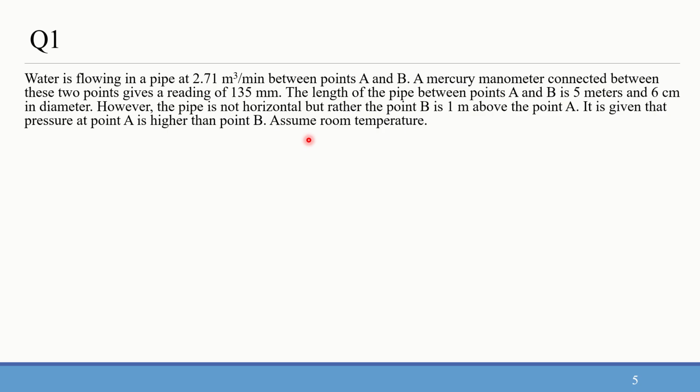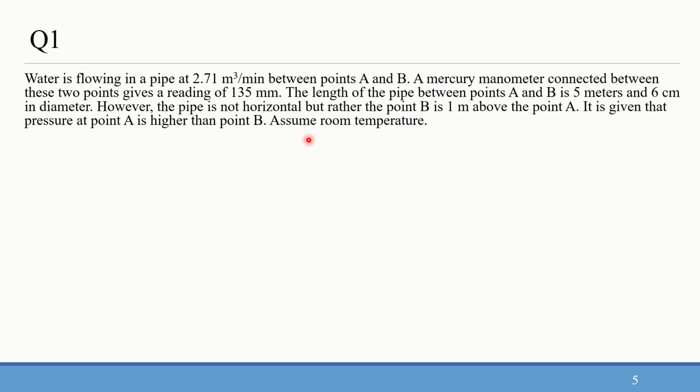So we are given that water is flowing in a pipe. So consider a pipe where water is flowing from one end to the other. One end is A and the other end is B. In between these 2 points we are connecting a manometer to measure the pressure drop inside the pipe.